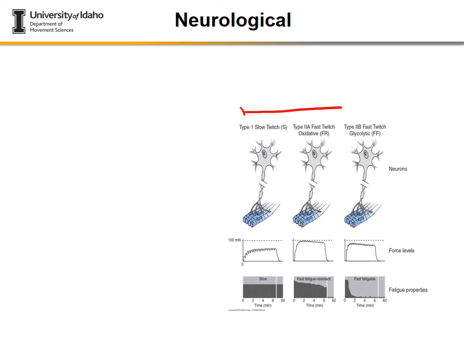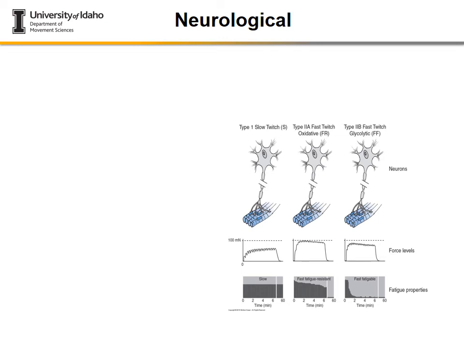Truly, there's a continuum, with type 1 over here and the fast twitch glycolytic over here, and we can go back and forth to a certain extent and create capacities or characteristics of the other ones. We won't talk about that in this class, but understand there is a continuum of muscle fibers and motor neurons that have the ability to take on characteristics of the other ones.